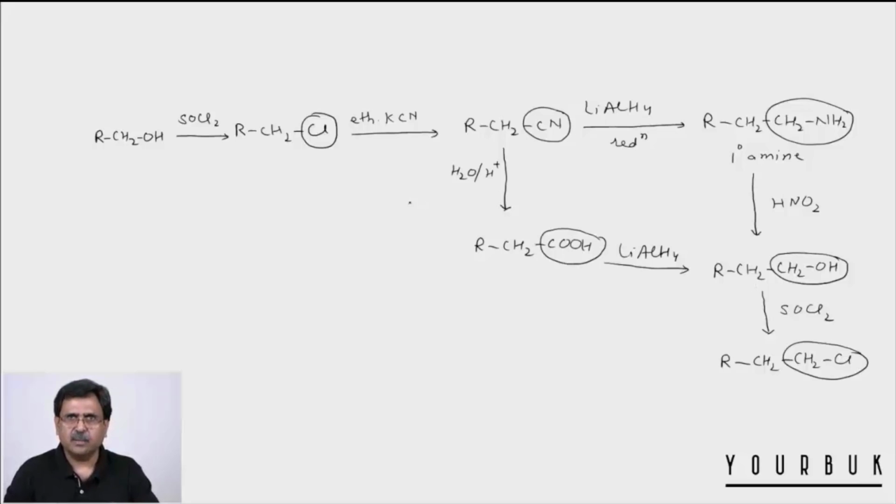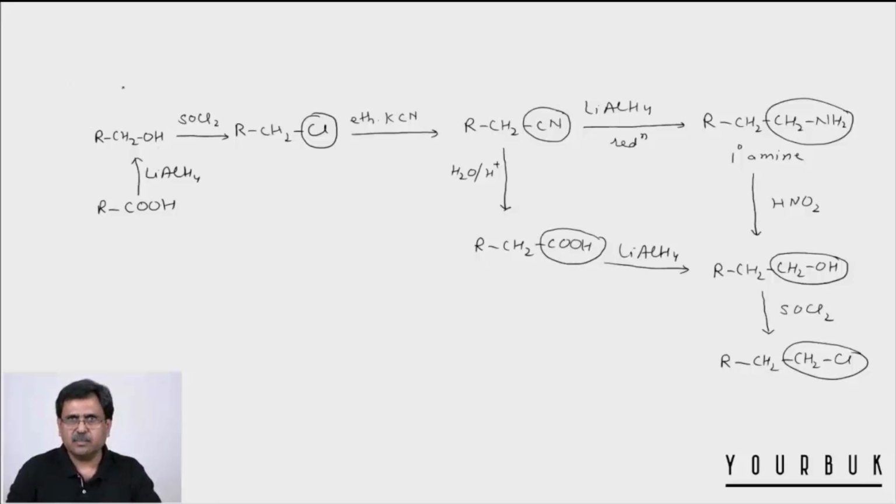And if you want to step up in carboxylic acid, again we cannot use KCN directly with carboxylic acid. So what we do, we convert carboxylic acid first into alcohol using lithium aluminium hydride reduction. Then you follow the sequence of steps and stop the reaction at the carboxylic acid.